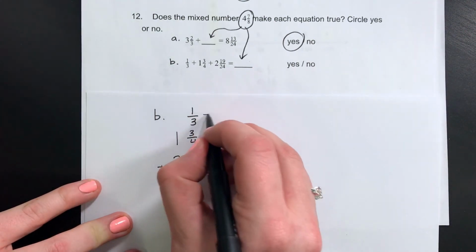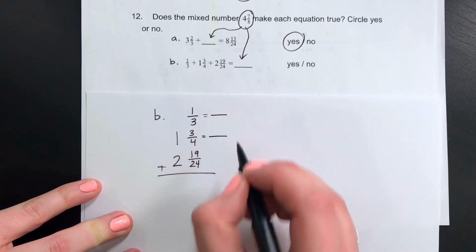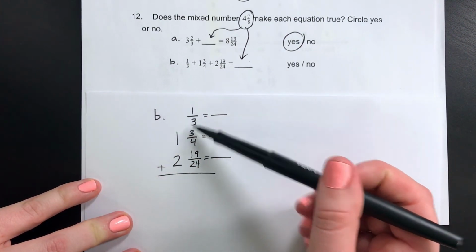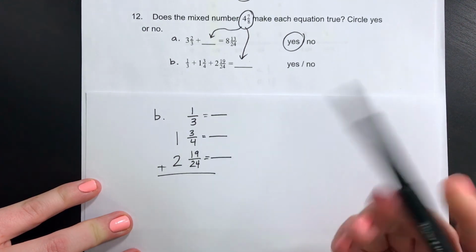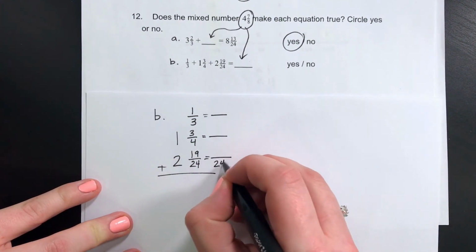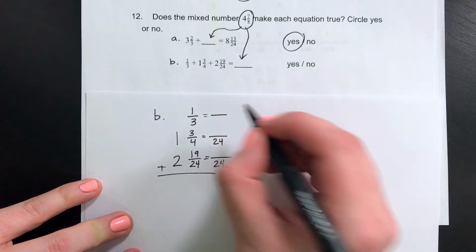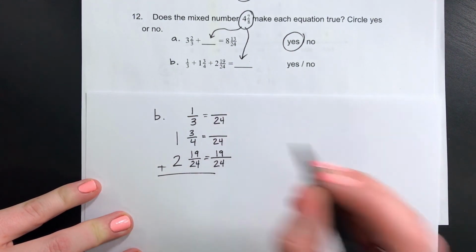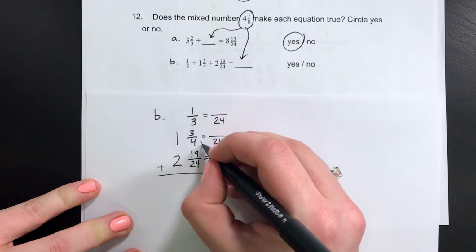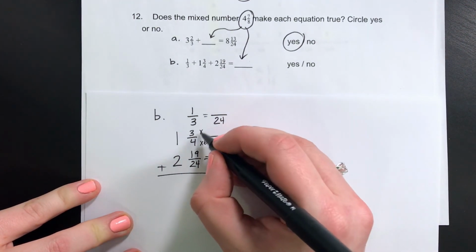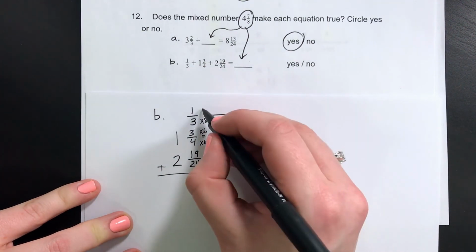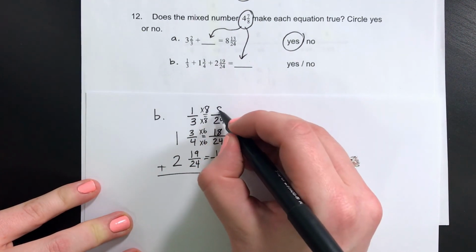All right, so here we need to find a common denominator. And luckily, 3 can fit into 24 and 4 can fit into 24, so we can actually just use 24. Okay, down here we don't need to do anything to this fraction. 4 times 6 is 24. 3 times 6 is 18. 3 times 8 is 24. 1 times 8 is 8.